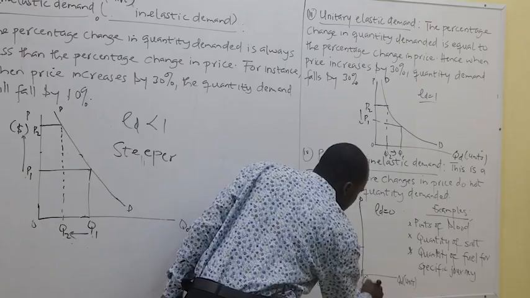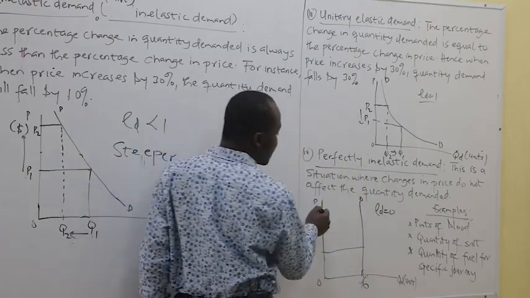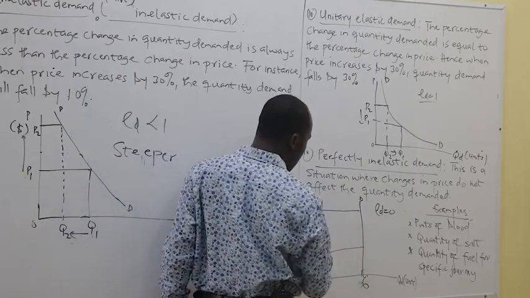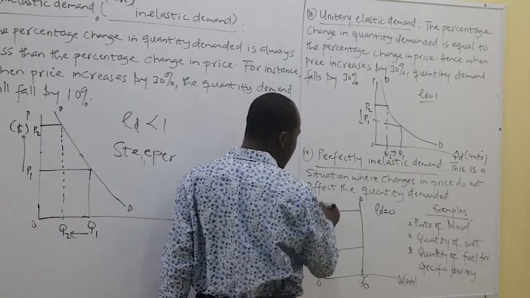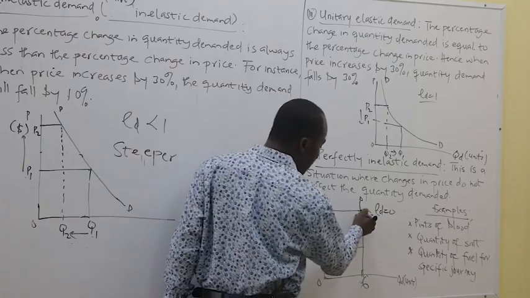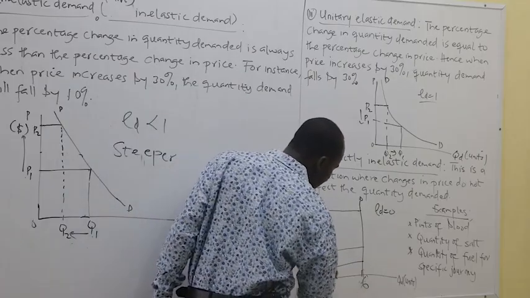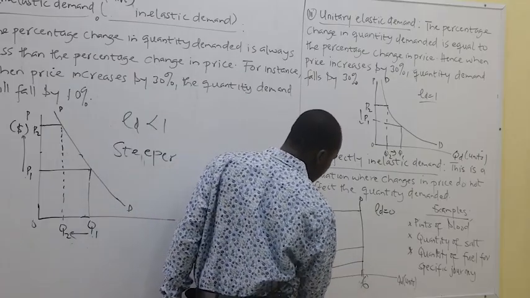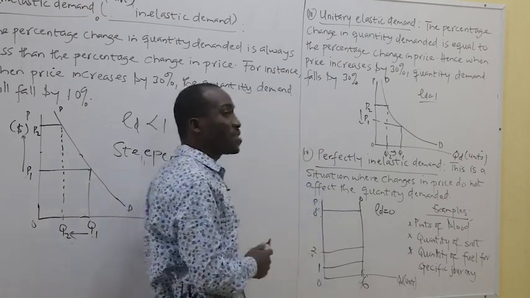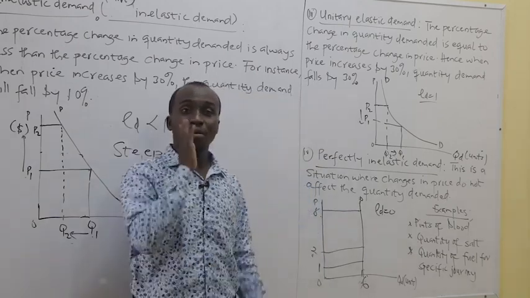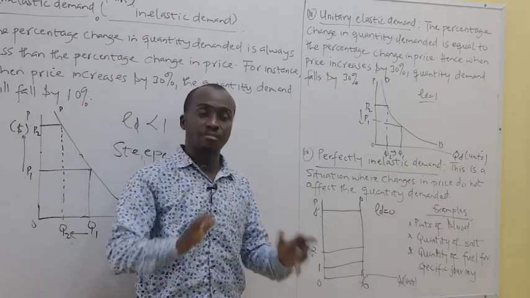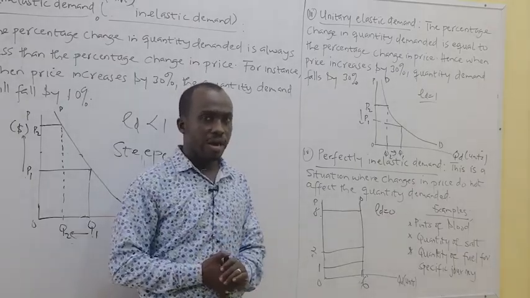If it's 6, it's still 6. The price increased, let's say the price was 2, it increased to 8. Demand is still fixed, it's 6. The price reduced to 1, still demand is fixed. So whether price increases or decreases, people's demand for that product is the same. It remains fixed.